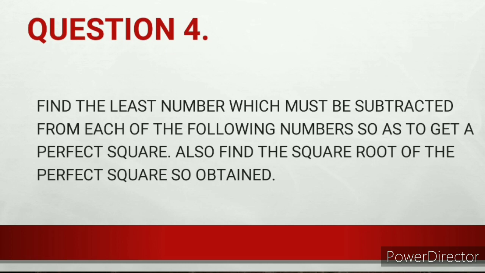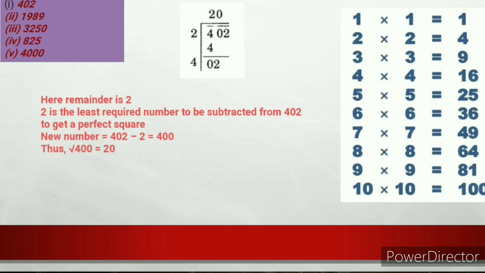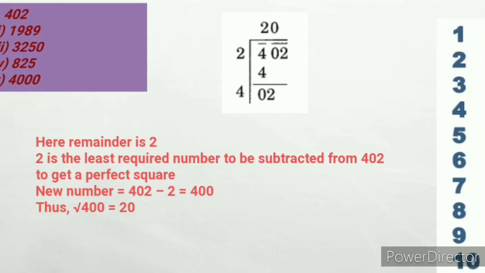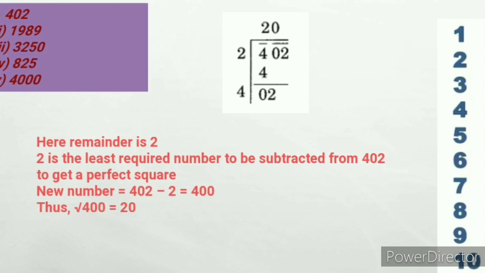For multiplication and division, we learned that we should add the least number or subtract the least number to make a non-perfect square into a perfect square. First question, 402. It is not a perfect square, but we can convert it into a perfect square by subtracting some number.